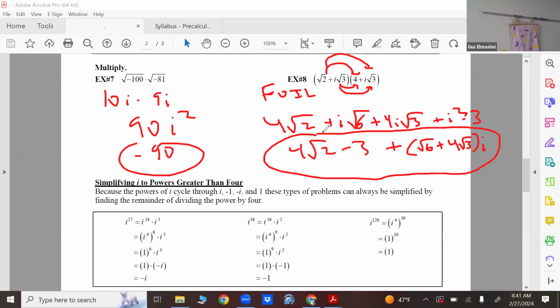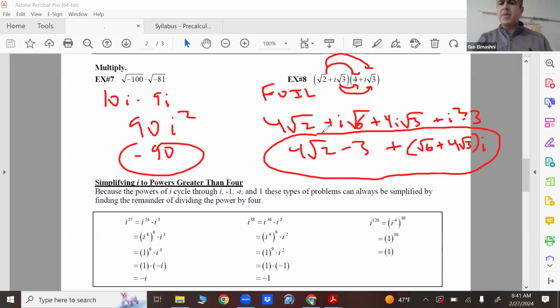But what I did was I put the real numbers together. So I know what A is. A is 4 root 2 minus 3. I put the imaginary numbers together, so B is root 6 plus 4 root 3. So if I were being asked, hey, what's A, what's B, then I can say, okay, A is 4 root 2 minus 3, B is root 6 plus 4 root 3. Technically, you're fine at this point, especially after working with the i squared part to make negative 3. But it's a little better writing it like this and factoring out the i, just to easily see what the B part is. Because remember, standard form is A plus Bi.